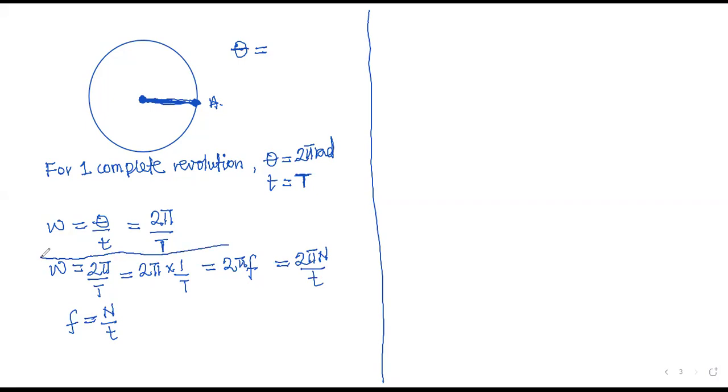These equations are so much used in circular motion, simple harmonic motion, wave motion, and even in AC current theory. So we use this equation so much in several areas in physics. So take note, angular velocity is equal to 2 pi over the period, or 2 pi f, or whatnot.